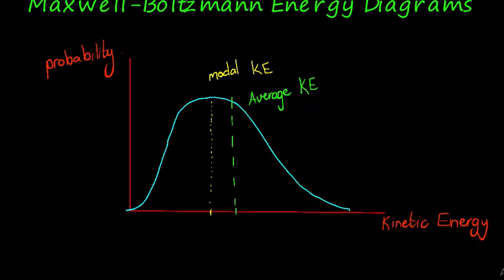Now we said in order for the reaction to occur we need to have successful collisions, and the energy level at which we have those successful collisions is called the activation energy, and that occurs right about here.